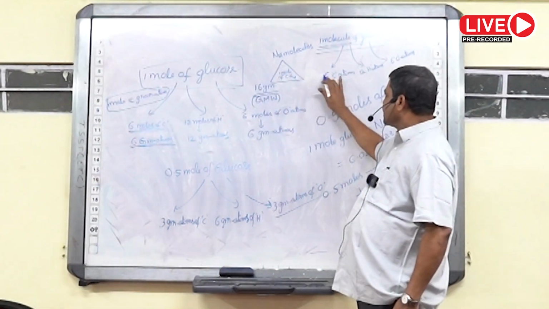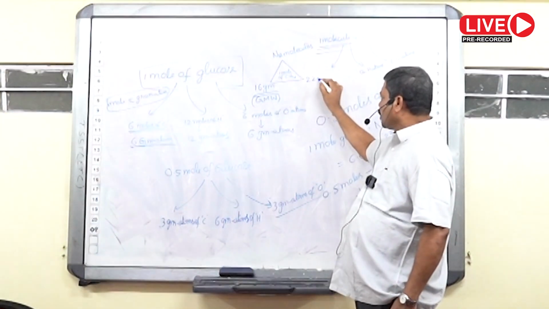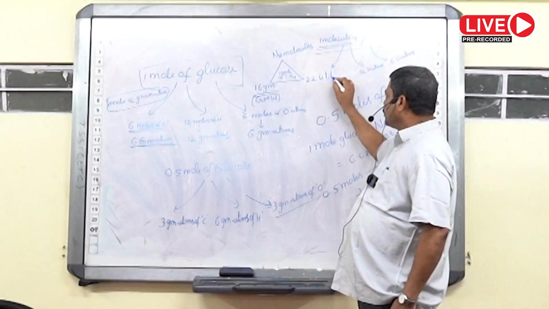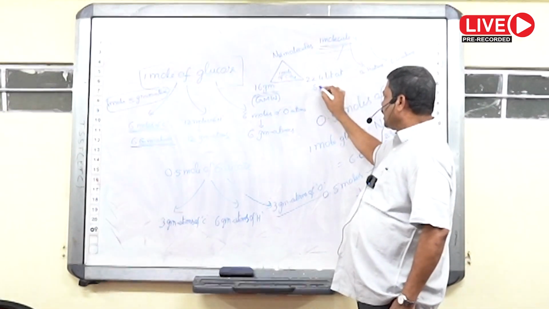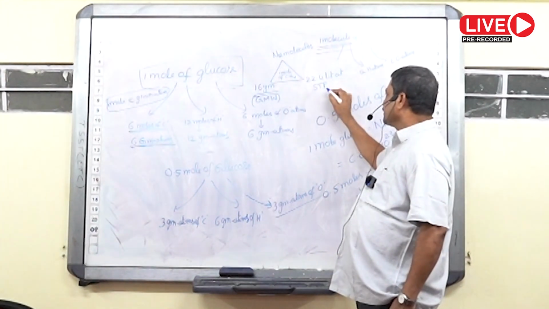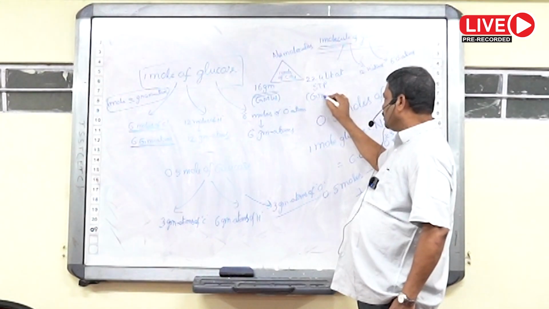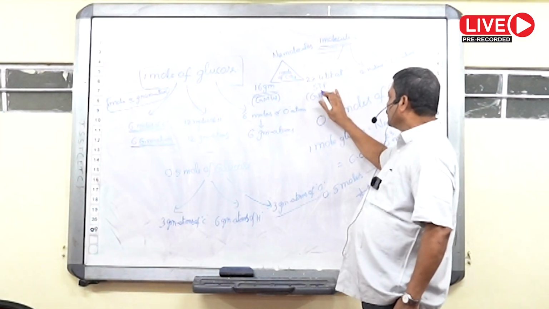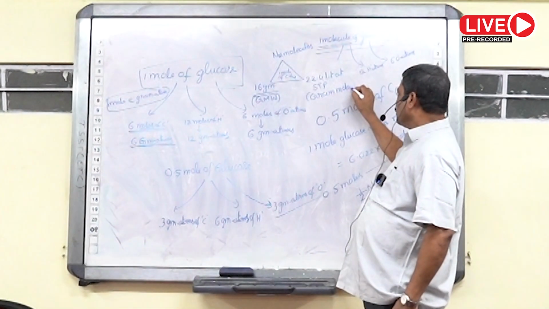Since it is a gas, 1 mole of any gas at STP occupies 22.4 liters at standard temperature and pressure. This is called a gram molar volume.